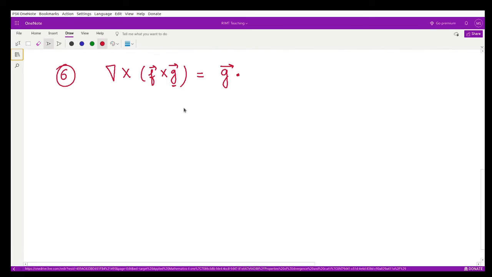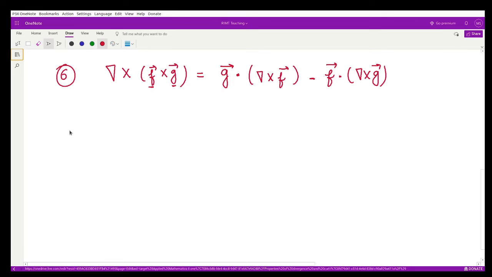It is equal to the second vector dot the curl of the first vector, minus the first vector dot the curl of the second vector.